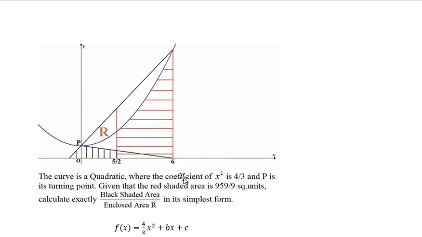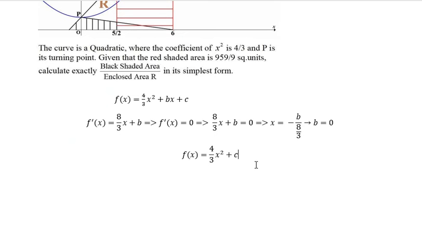Now the area of the red shaded region is 959 over 9, so we need to use the integral from 5 over 2 to 6.